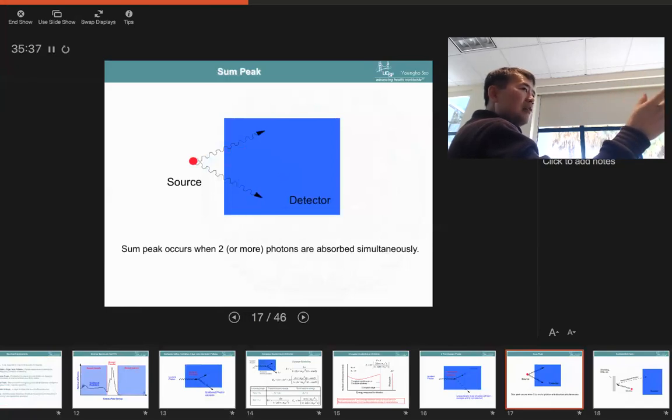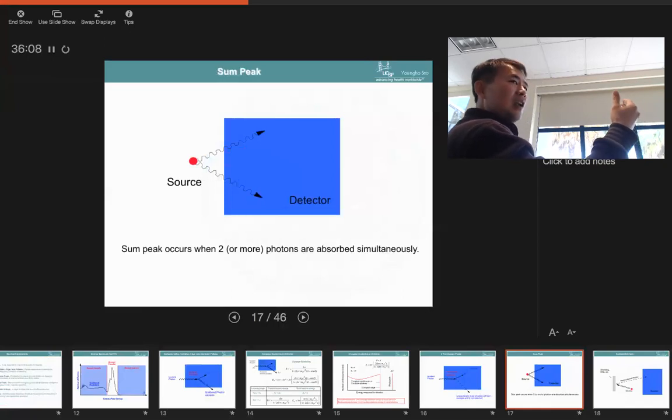But the energy level from the single event coming out of two interactions is exactly twice the energy of the incident photon. What I'm saying about the sum peak is the sum of 2 or 3 or 4 or 5, whatever multiples. So if 3 photons happen at the same time and are measured at the same time, the sum peak of 3 photons could be 3 times the photo peak of a single photon.